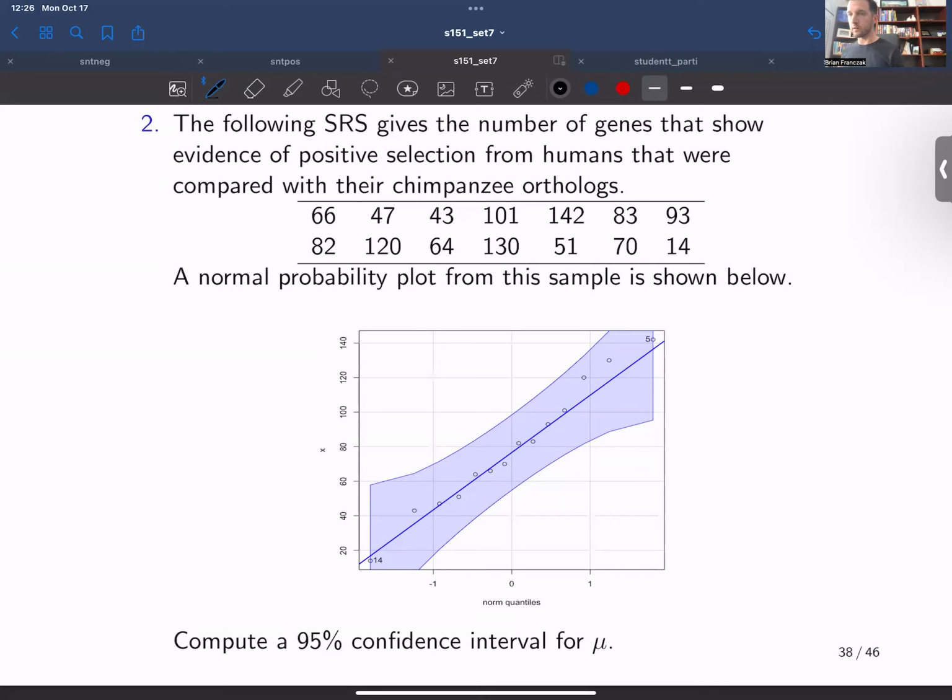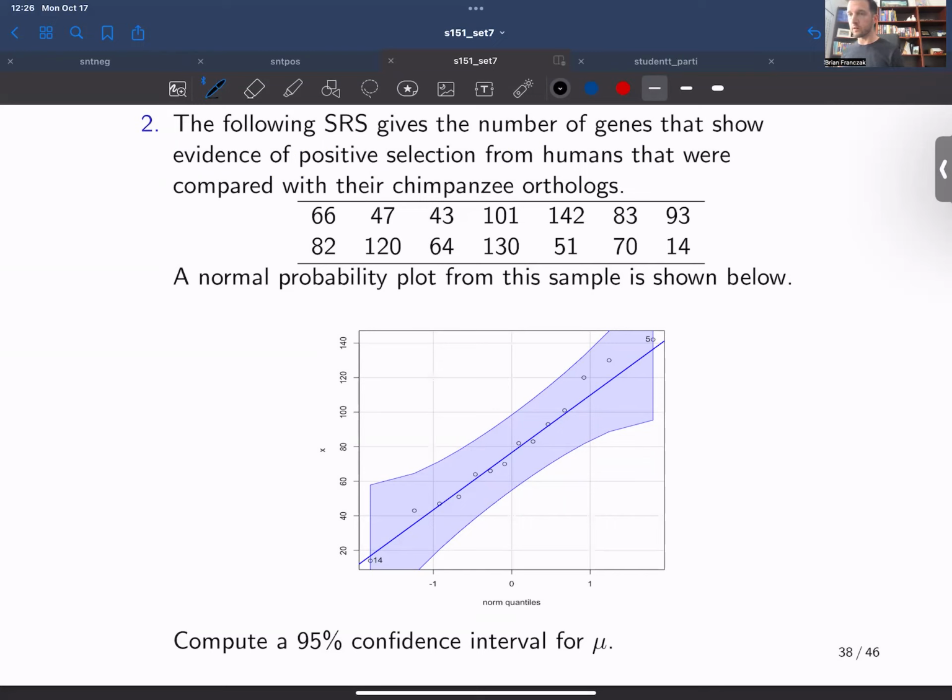So the first thing that we do, we write down alpha is 1 minus 0.95, which is 0.05. Then we have t alpha over 2, n minus 1, which is t 0.05 divided by 2, comma 14 minus 1.